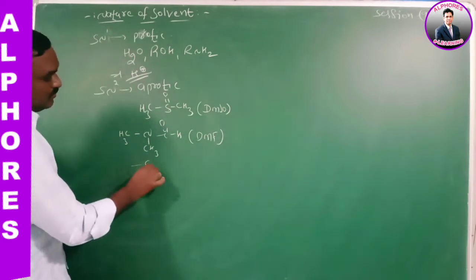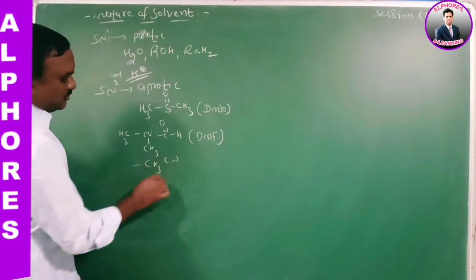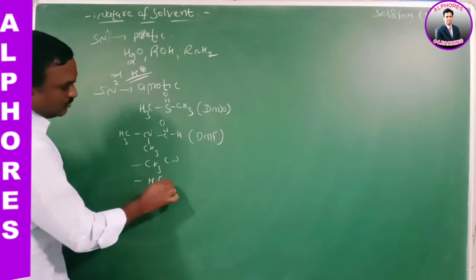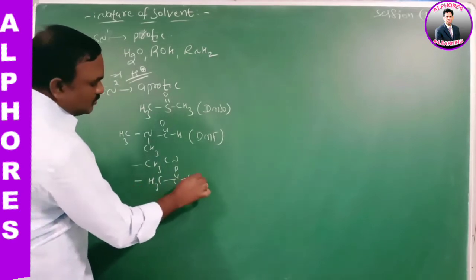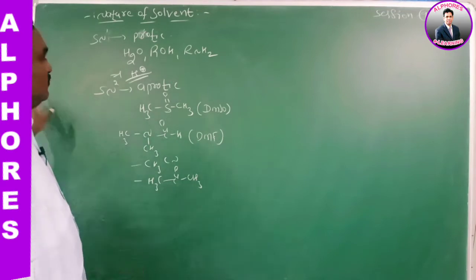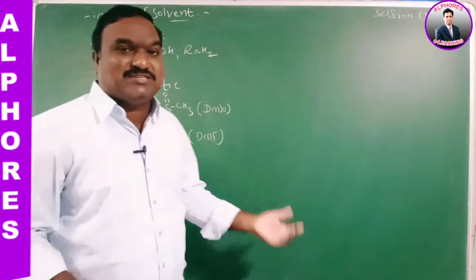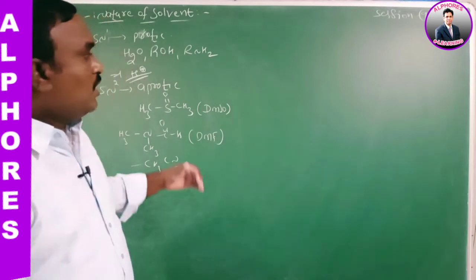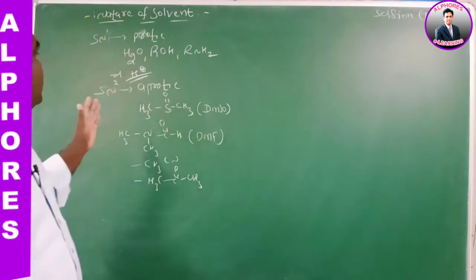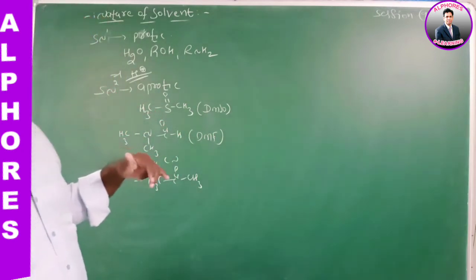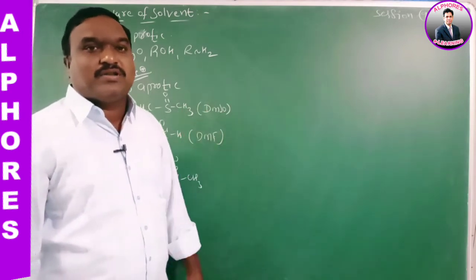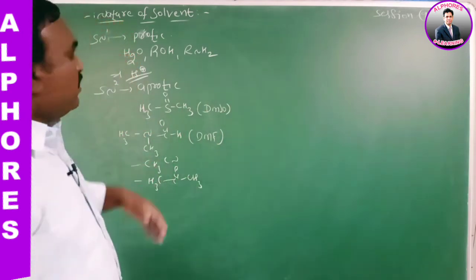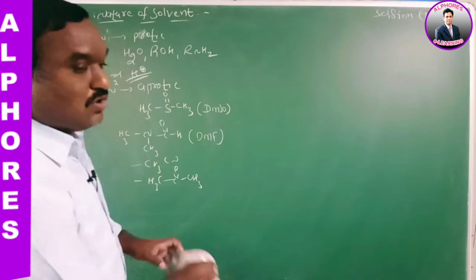Here also methyl cyanide, acetone, nitro compounds, which do not produce H plus ion, are called aprotic solvents. So aprotic solvents are favorable for SN2 reactions, and protic solvents are favorable for SN1 reactions.